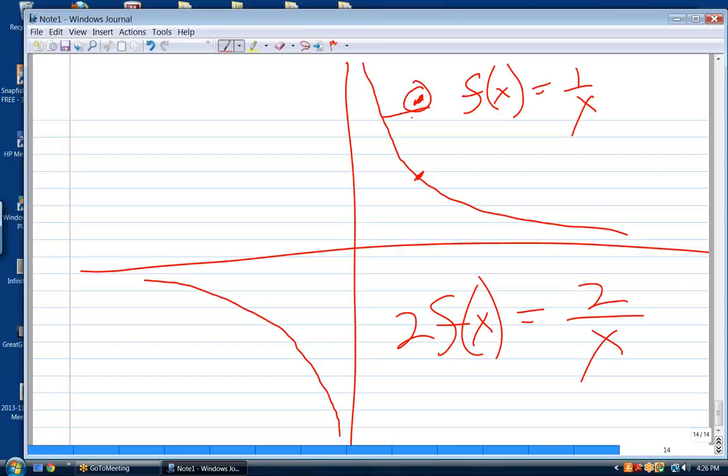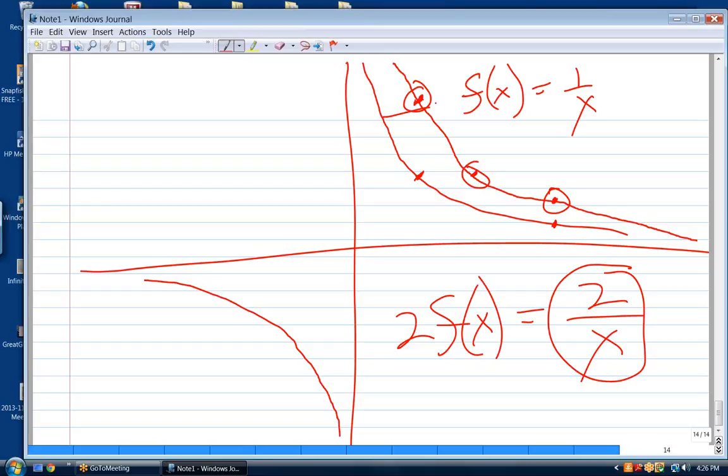So there's one point I'm going to plot. If I go down here, that's got to be twice as high. There's another point I'm going to plot. Here's another point. So if I plotted 2 over x, it would look like that. Still asymptotic with the x and y axis, but I don't know what you would call it.